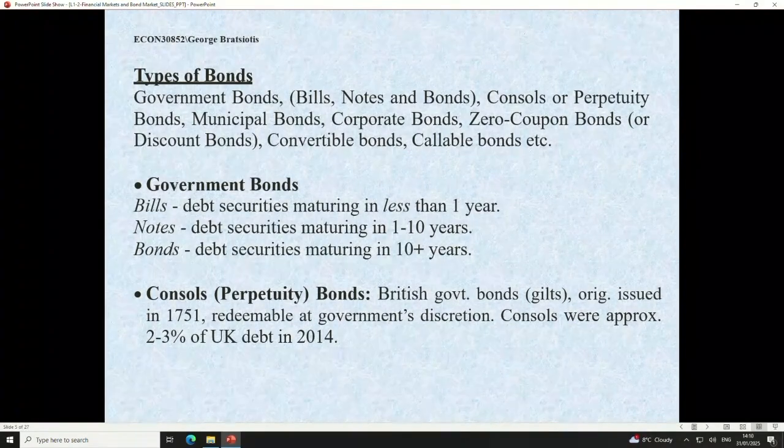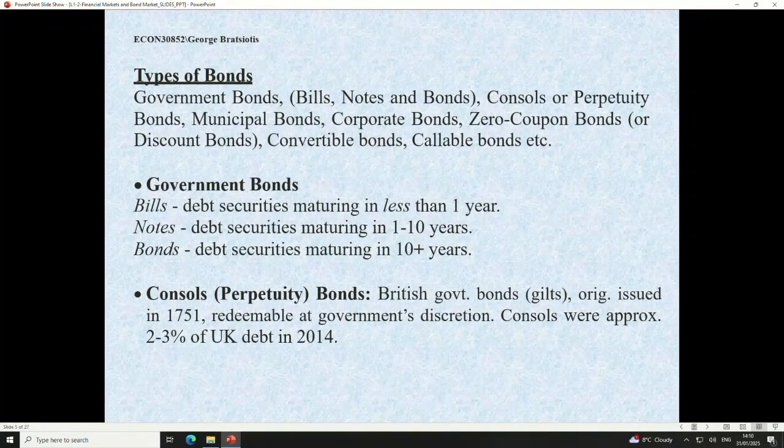There's consols of perpetuity, not anymore really. There's municipal bonds, corporate bonds, zero coupon bonds, convertible bonds, callable bonds, James bonds, and all sorts of other different bonds. And these are the ones I'm covering now really, because these are the key ones.